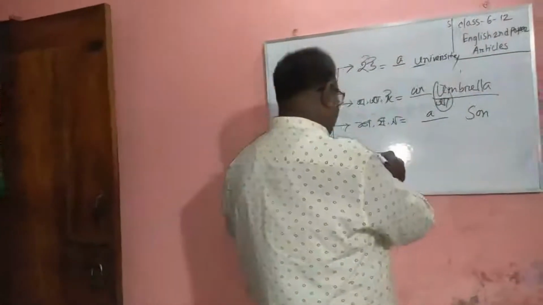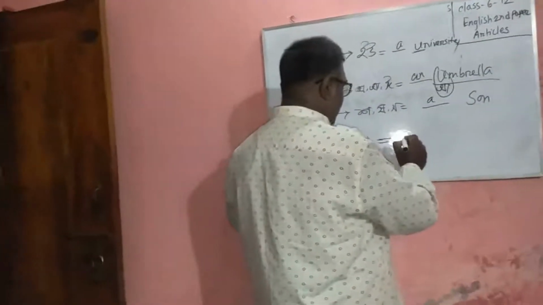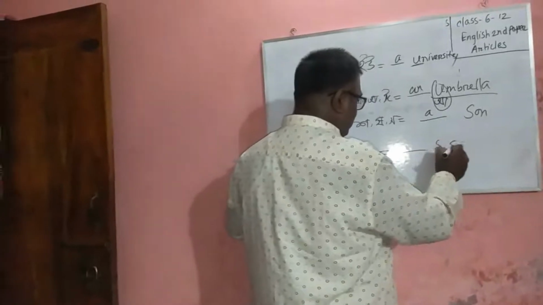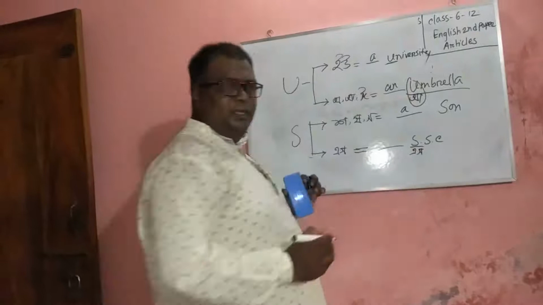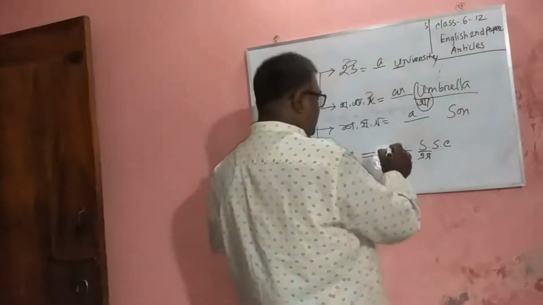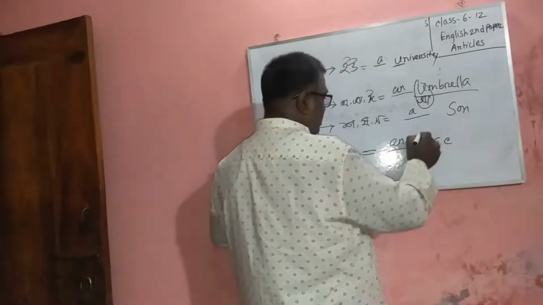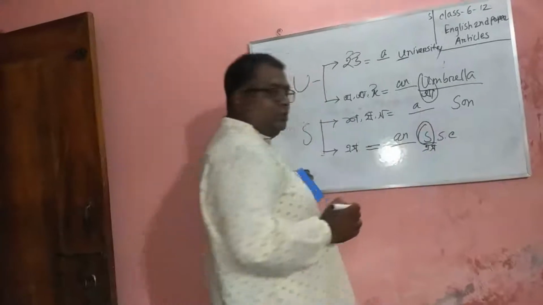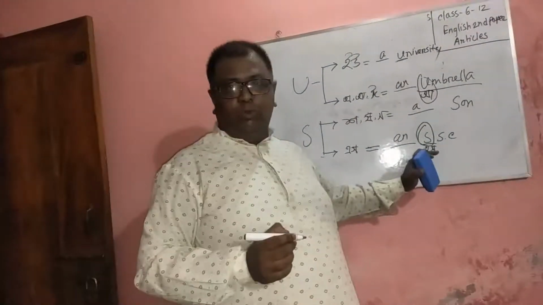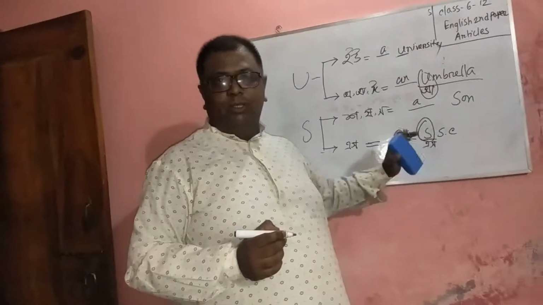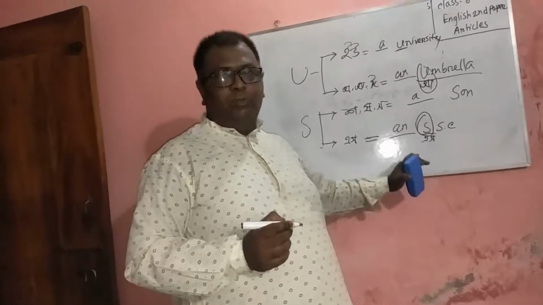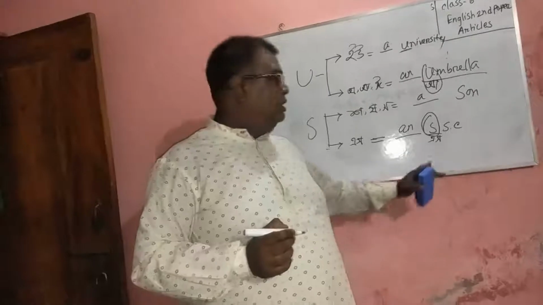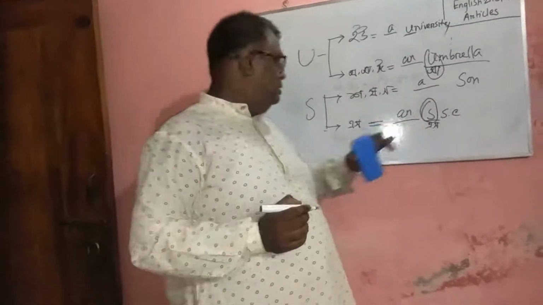But if we see S like this, SC, here S is pronounced only S, and in that case we use an, though the letter S is a consonant, because the pronunciation of S starts with a vowel sound.